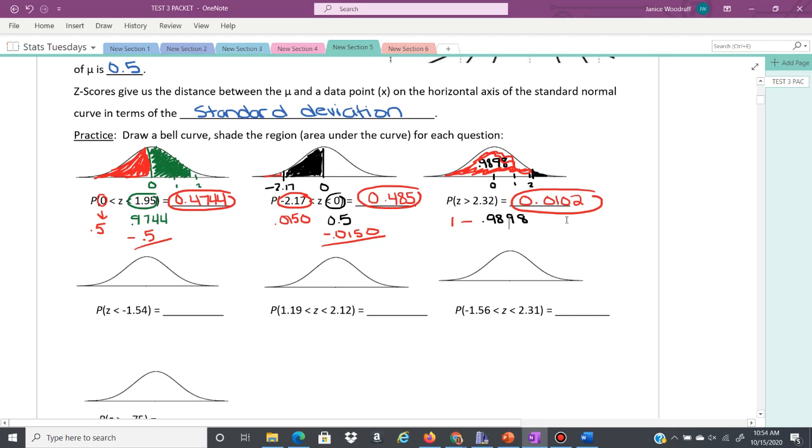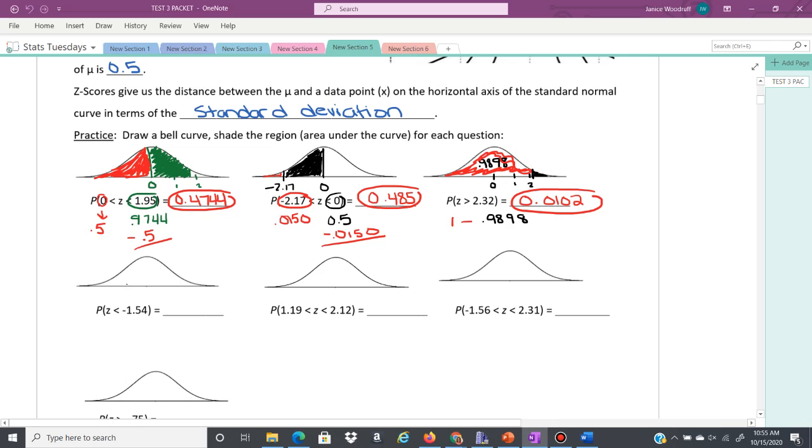Okay, let's do a couple more before I show you how to do this in your calculator. Okay, so negative 1.54.